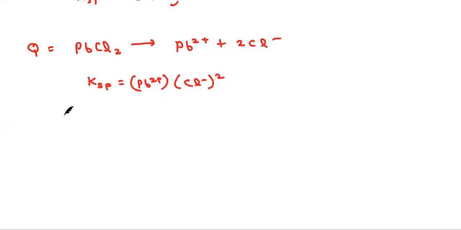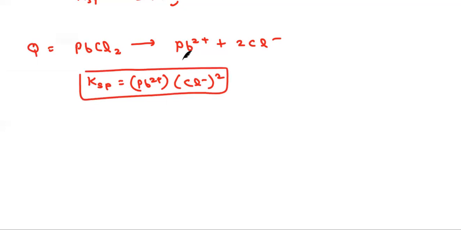Now if you want to take solubility, this is the general representation. But if you want to represent it in the form of molar solubility, then I told you you have to take s. So this is s, and that would be 2s.